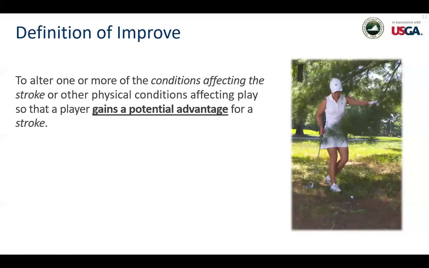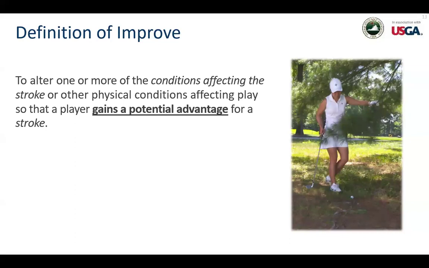So when you improve an area, the Webster's version would say, okay, you've improved it, penalty, automatic. The next part of that in the rules of golf is you have to gain a potential advantage for that next stroke. So if you are taking notes, if you want to write down, there's a couple clarifications, 8.1a/1 and 8.1a/2 that are going to give examples of what it means to create a potential advantage and not.